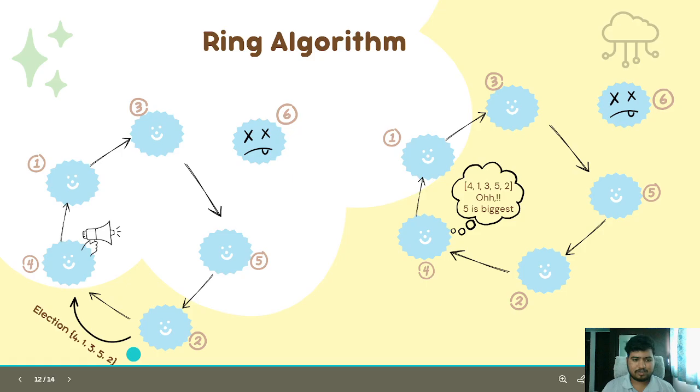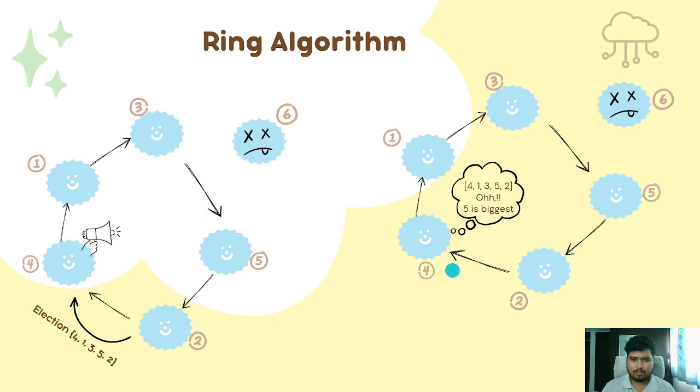Second node also did the same process. It adds its own ID and sends that message to its next node, that is node number 4. The fourth node is the initiator of this algorithm. So the fourth node has the IDs of all processes in the ring. Fourth thinks that fifth is the biggest number.